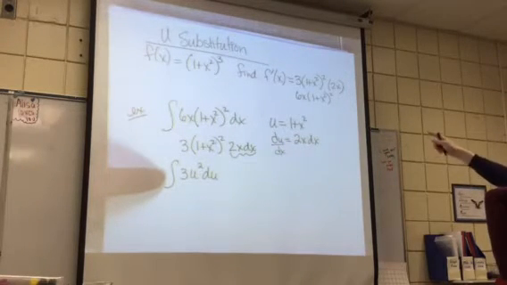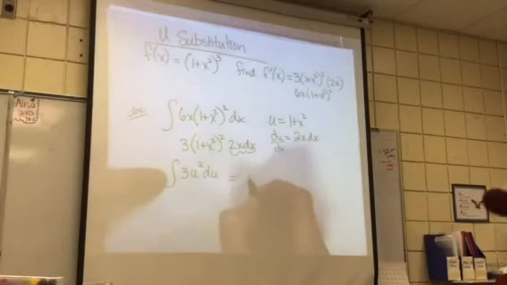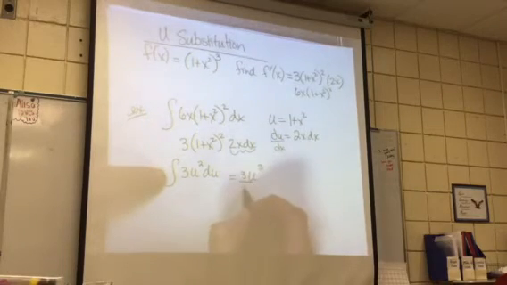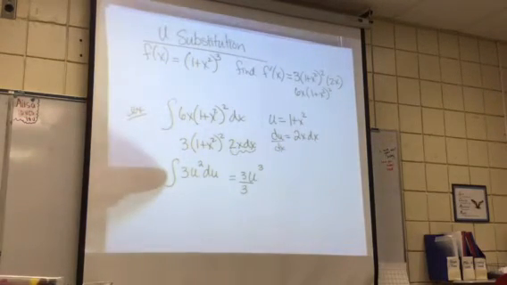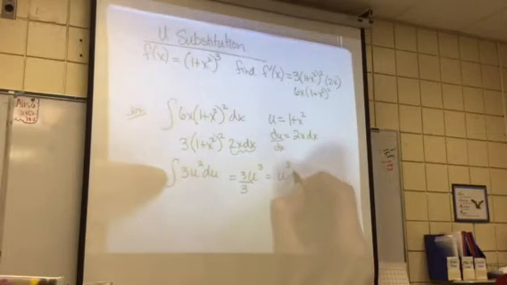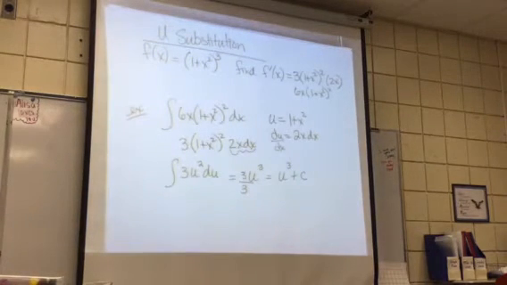Can you integrate this? Yes. It would be u to the third, and we'd have this 3 divided by that new exponent of 3. So my antiderivative is just u cubed plus c. We have a constant.